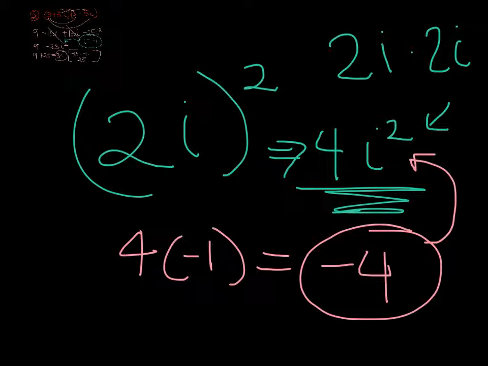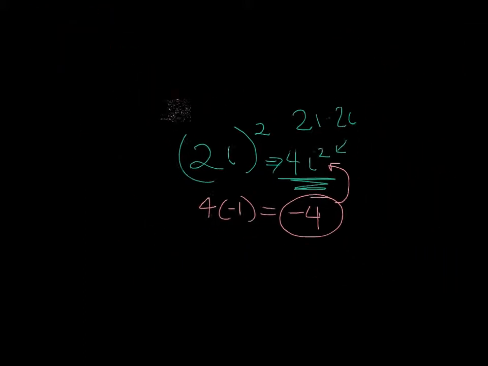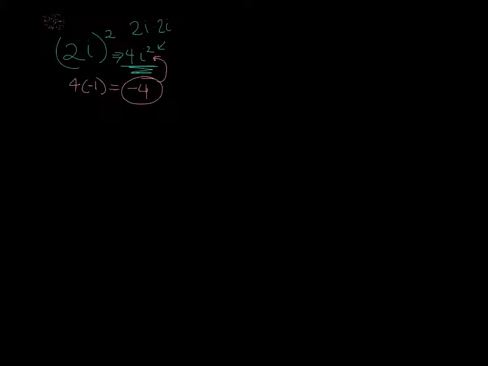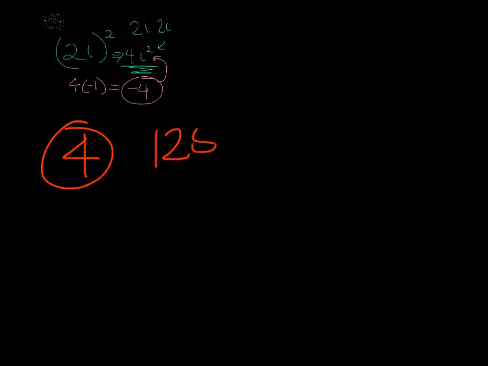Now say we have a complex number that is being multiplied by another complex number. So we have 125i times -15i equals blank.